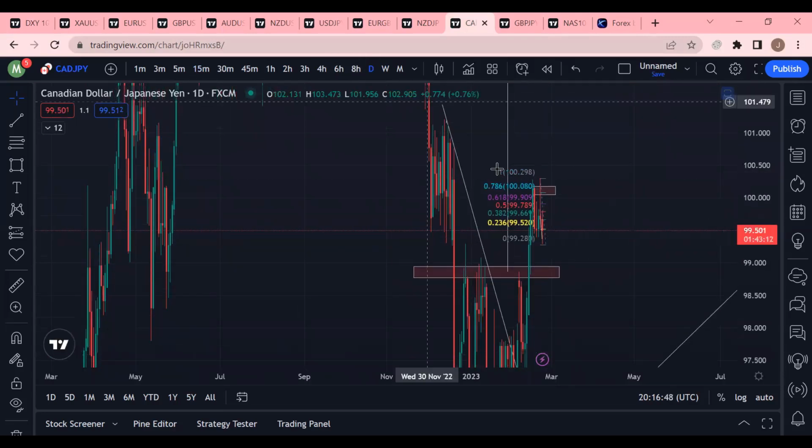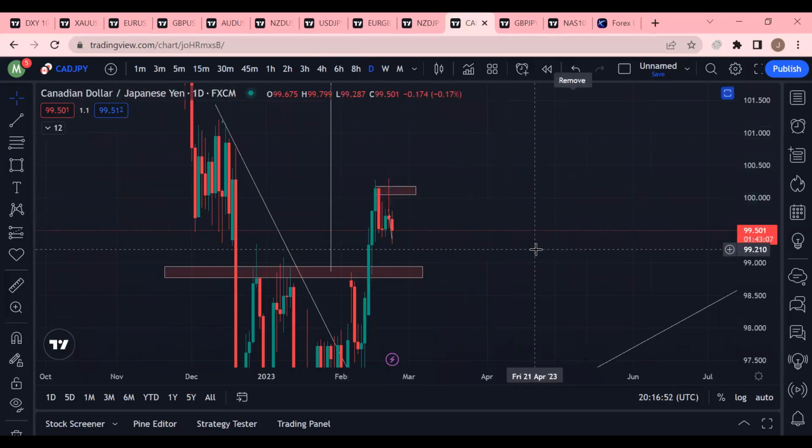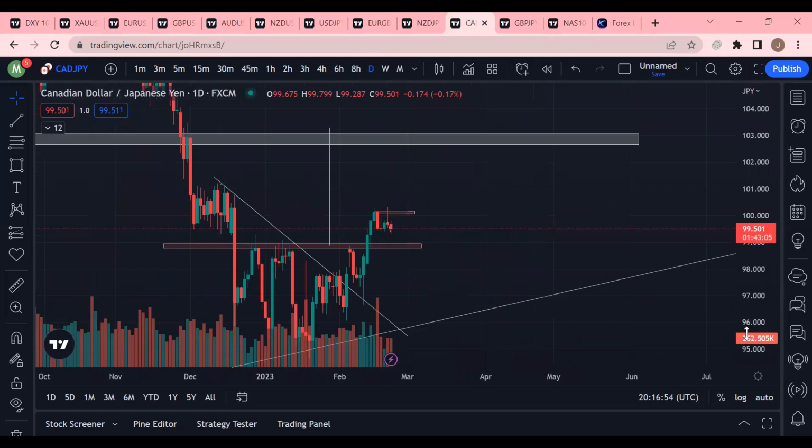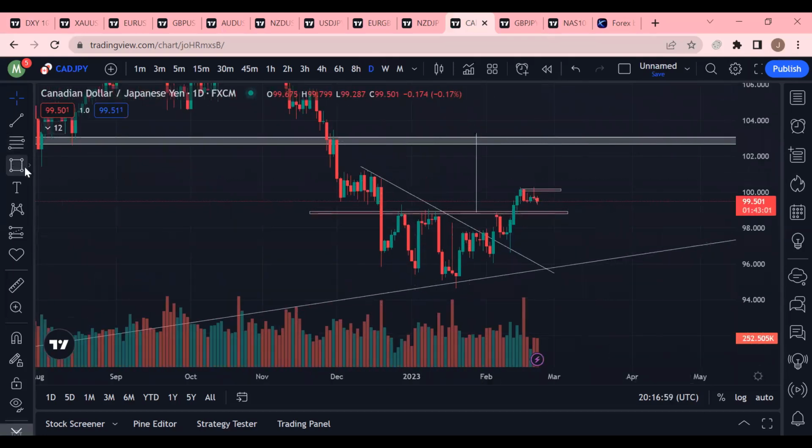Okay, look at CAD JPY now. CAD JPY has broken to the upside already, as you can see. So we're waiting for a retest on this level. If it holds, this is another trade to the upside with very large pips.